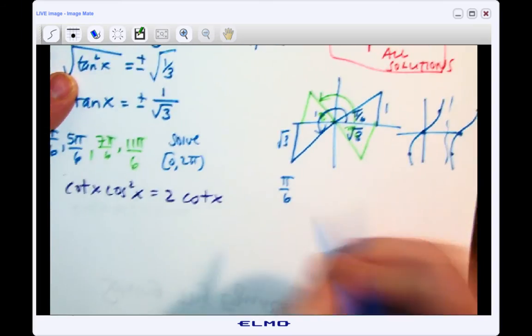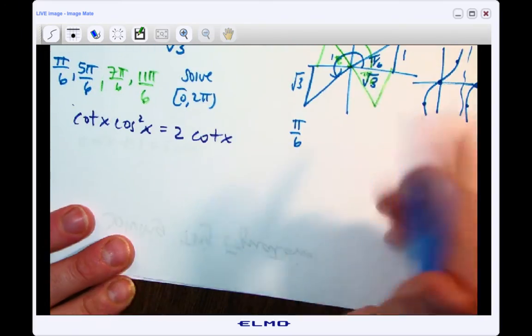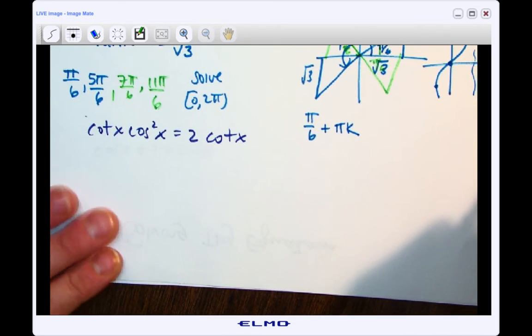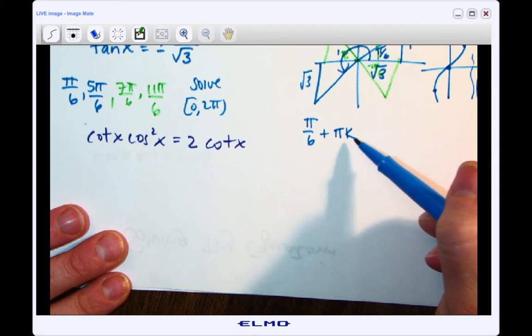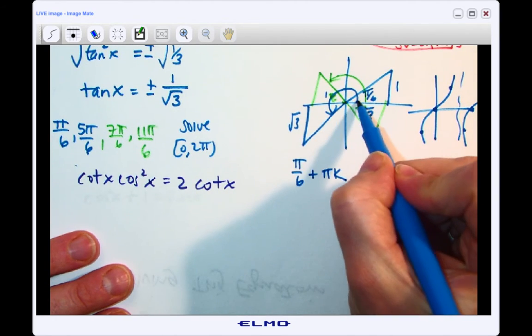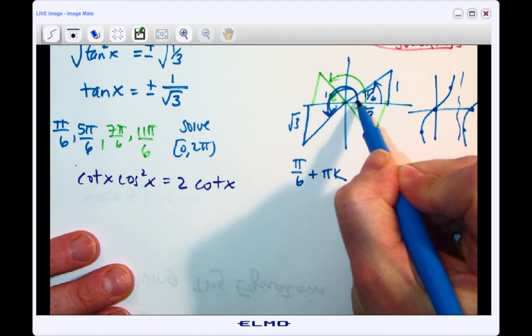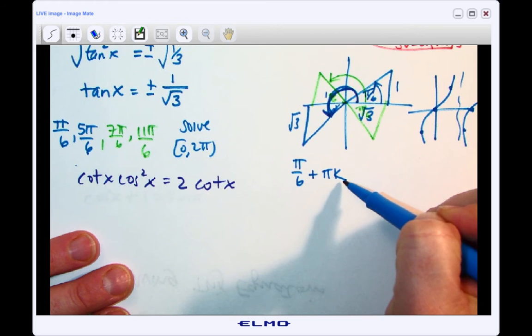All right? So for this one, instead of writing 2 pi k, I can just use pi k. Now, the funny thing is, if I do this one, pi k, that's actually going to catch this one right here. This one and this one. It's actually going to catch these two because pi k would be 6, right?